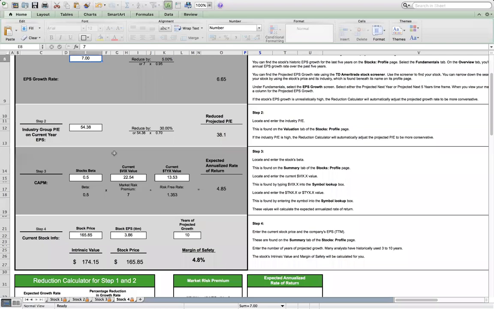But okay, cool. And remember, this is all estimates, so you never know. Even though that was only what, $10 off. I mean, hey.